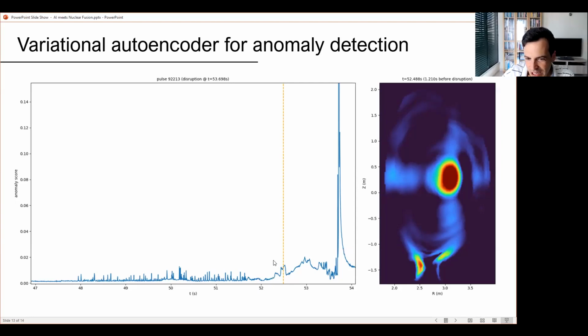Before the rise, there was no core radiation, and starting here at about 52 point something, we start seeing core radiation, and the model starts telling us that, hey, the profile is becoming anomalous. It's becoming more characteristic of things that the model has not seen before. And those are disruptive cases.